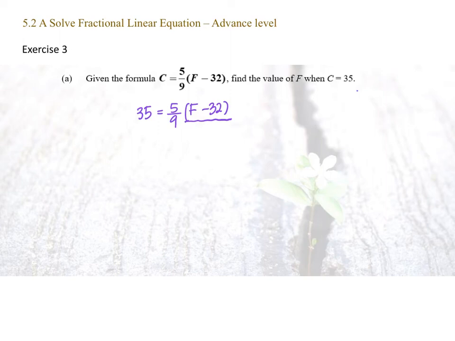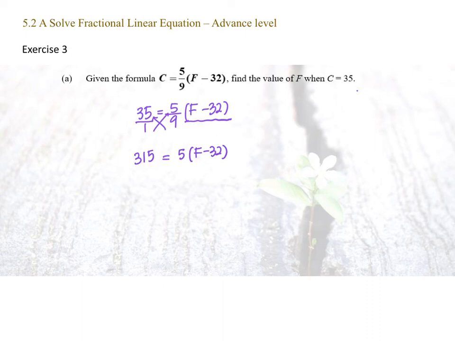Now I have a denominator over here and the denominator is 9. What I can do is a cross multiplication. Okay, and 9 times 35 will give you 315. And this part over here will still be 5 times f minus 32 multiplied with 1.